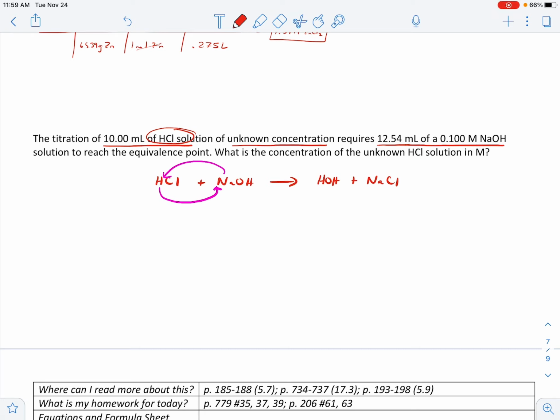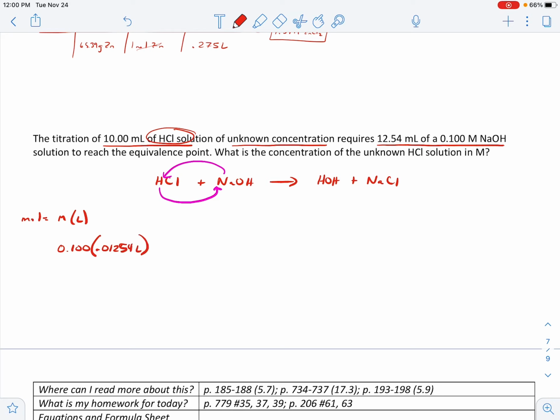So let's do this in terms of a stoichiometry problem. So now our next step is to go to moles. Well, to find moles using our molarity equation, we take molarity times liters. That will give us moles. So we're going to take 0.10 times our 0.01254 liters.